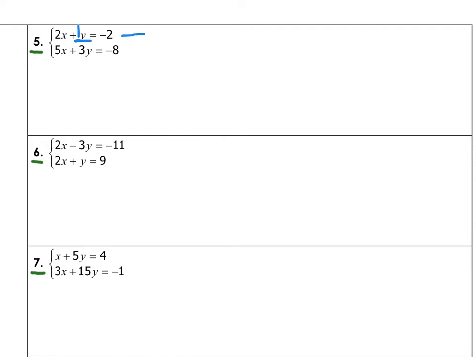So in order to do this, I need to get y by itself. And to get y by itself, I'm actually going to subtract 2x from both sides. So if I do that, these cancel out on the left side, and y, or 1y, is just equal to negative 2x minus 2.